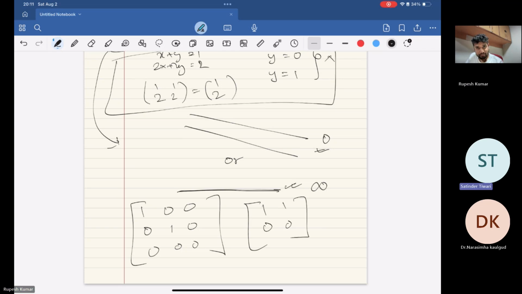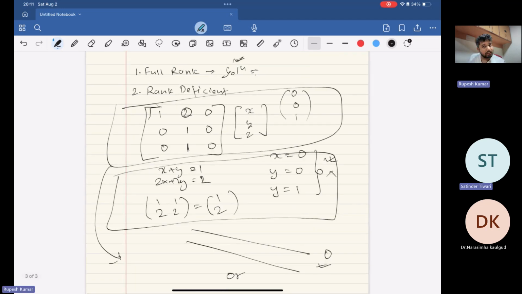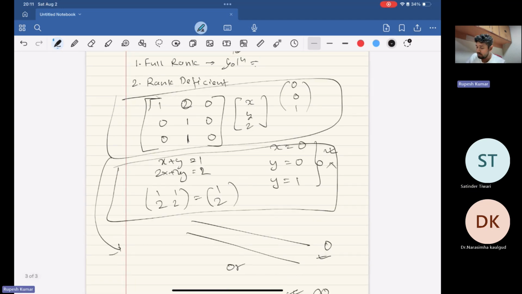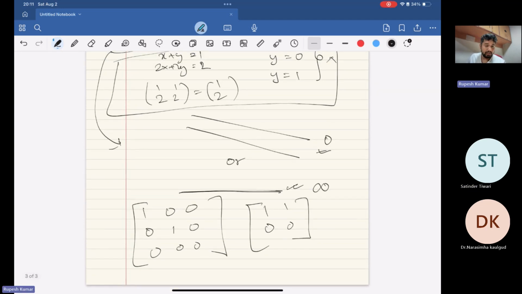In both cases you are getting pivots. Here we are getting two pivots in the first case and in the second case one pivot. Yet in the first case we are getting no solution, and in the second case infinitely many solutions.